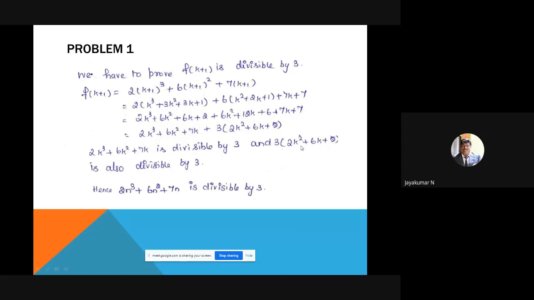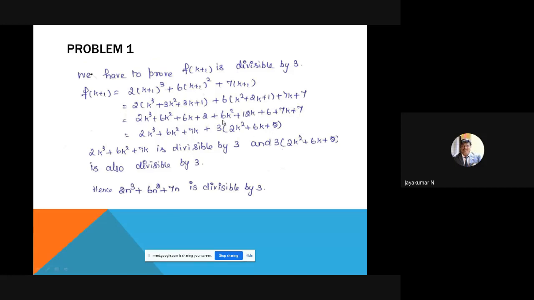See the previous step, the assumption step: f of k, that means 2k cube plus 6k square plus 7k, is divisible by 3. We know that result. You have to use that result, then only we can prove it. So keep 2k cube plus 6k square plus 7k separate, and bring the remaining terms.